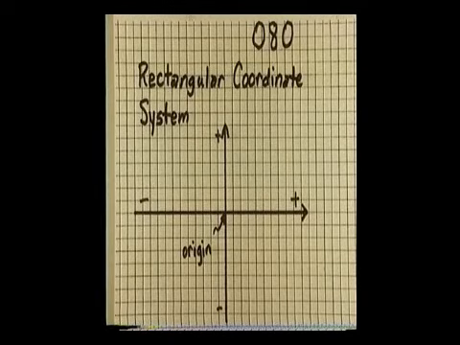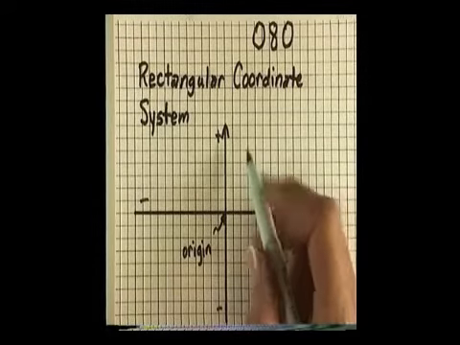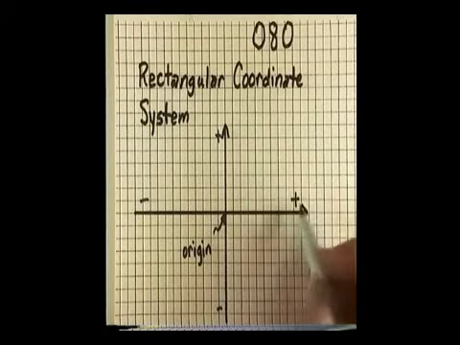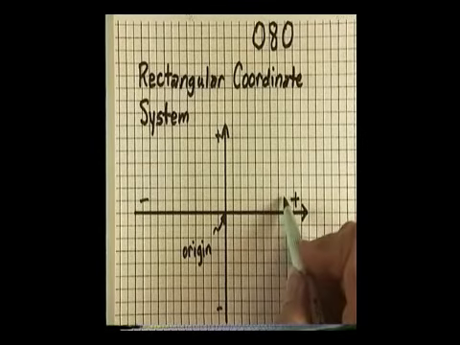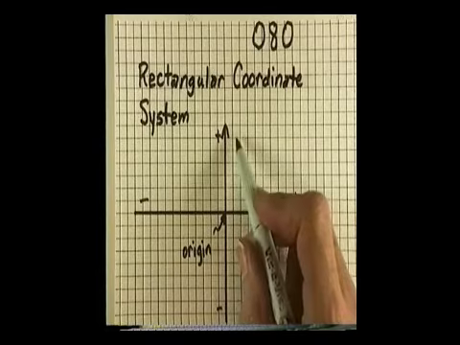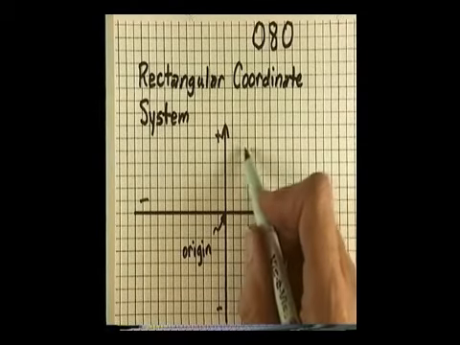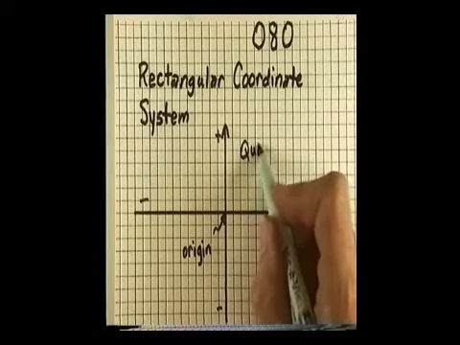The 2 number lines divide the coordinate system into 4 parts. We call each part a quadrant. Quadrant 1 is the portion where the positive in the horizontal direction and the positive in the vertical direction border it.